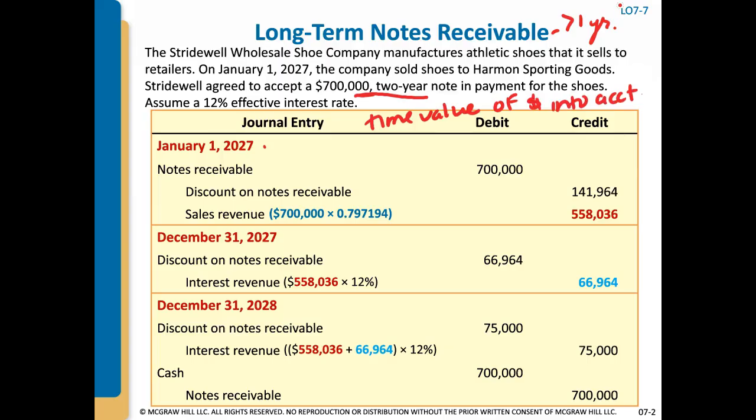You have to take the time value of money into account when it's longer than a year. So on January 1st, Stridewell would have a notes receivable for $700,000 because the Harmon Sporting Goods will owe them $700,000, right?